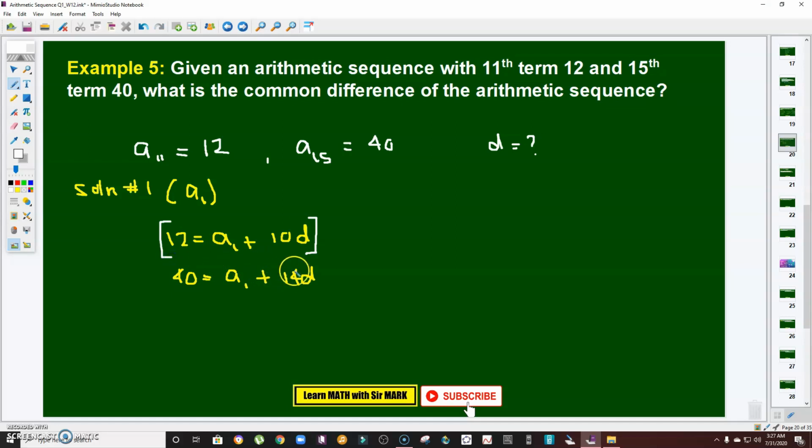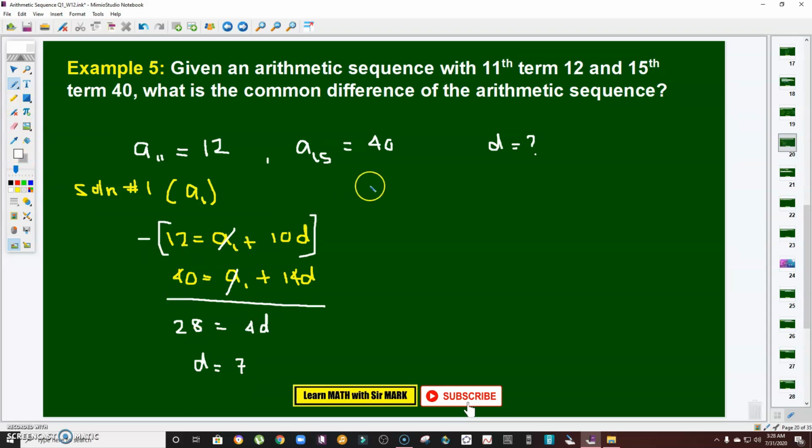So subtract ko dito: 40 minus 12 is 28, then a sub 1 minus a sub 1 will cancel each other, then 14 minus 10 is 4d. So clearly, ang value ng d ko dito is 28 over 4, that is 7. That's the solution here.